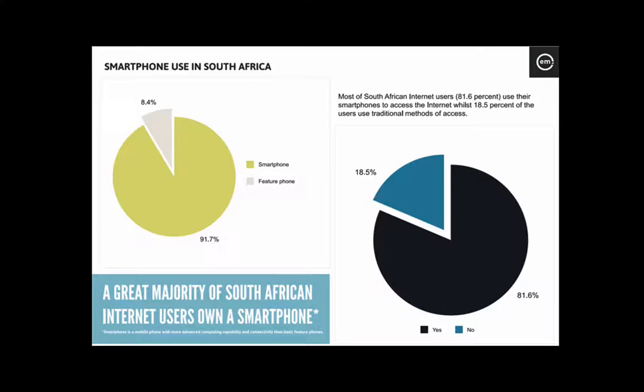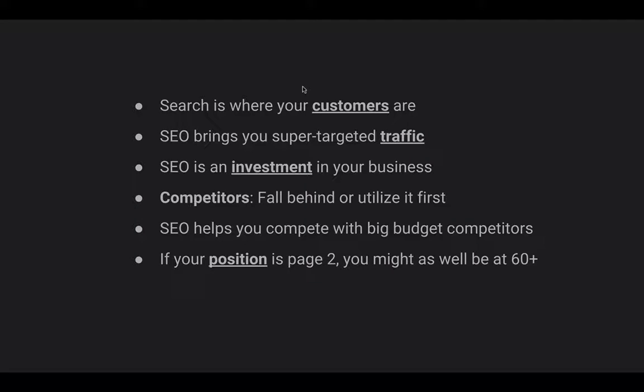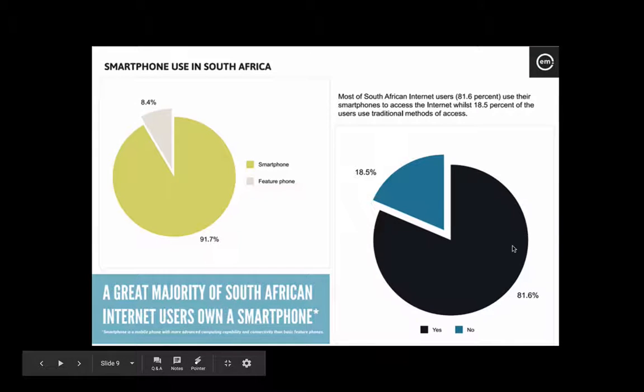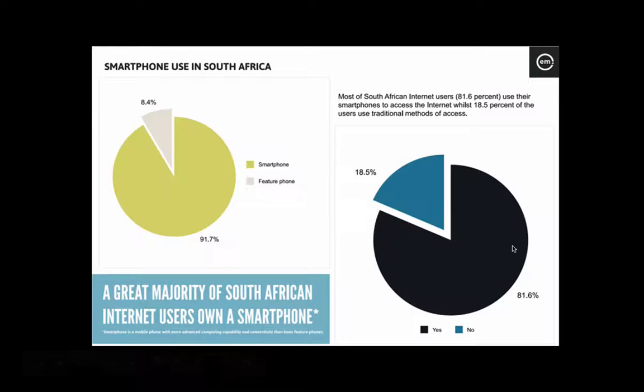The rest, 18.5%, or say 20%, is by ADSL that they usually use at work or at home, but everybody is running around with their smartphones, so your website needs to be responsive, and it is a very high ranking factor for Google these days.